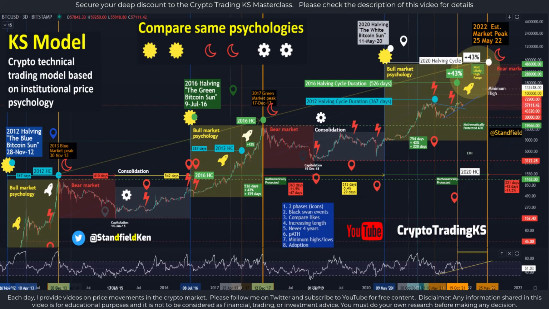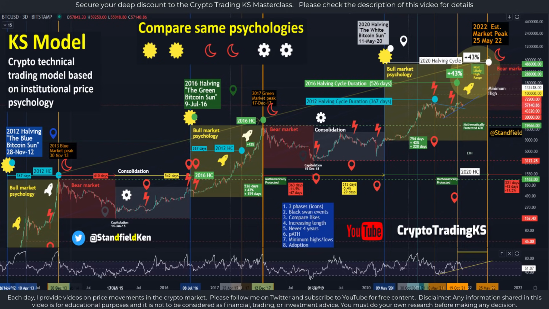We've seen that what is playing out right now is a lengthening cycle, and you can see plainly that it was always evident inside the numbers. 367 days for the 2012, 526 days for the 2016. Of course, the cycles are increasing, and they were never 4 years, ever.